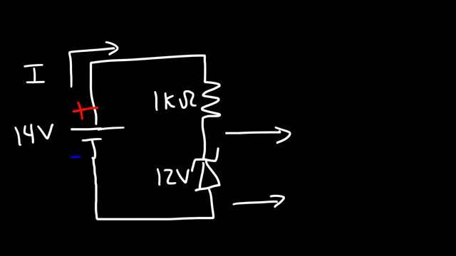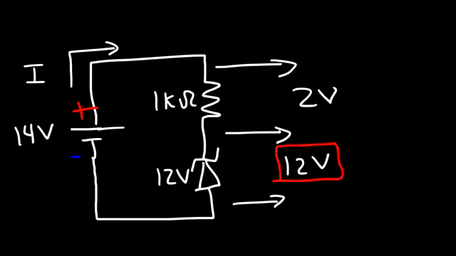It might vary a little, but for all practical purposes, we're going to say that it's about 12. It could be 11.9, 12.1, but it's going to be fairly constant. So that means that the voltage across the resistor has to be 2 volts, because these two have to add up to the voltage of the battery.